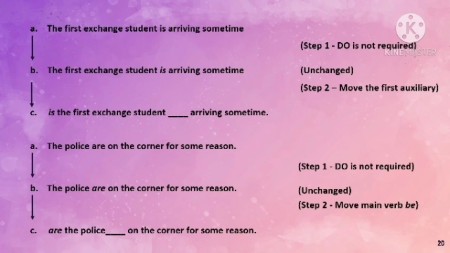So the second step is to move the main verb be to the first part of the sentence. If we do that, we are going to form a sentence: are the police on the corner for some reason? So if you guys noticed, the final questions that we formed became yes or no questions.